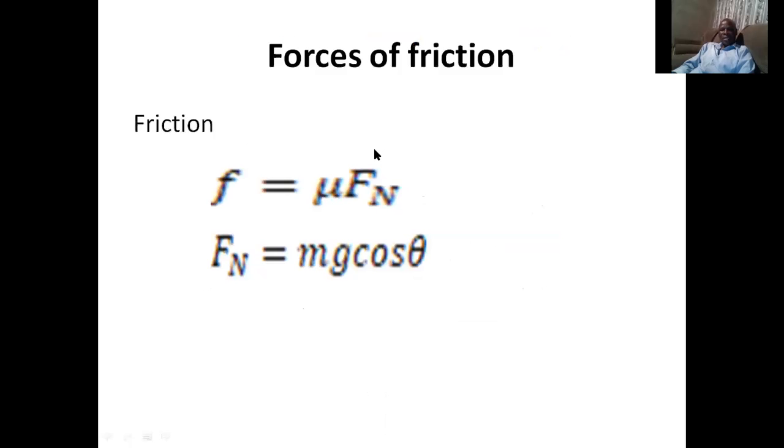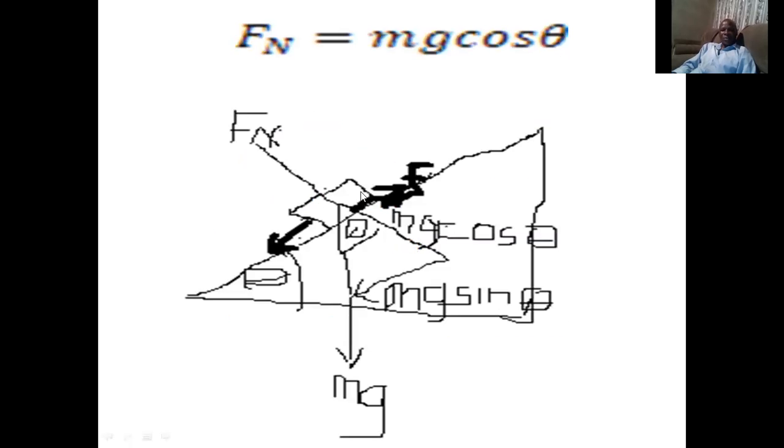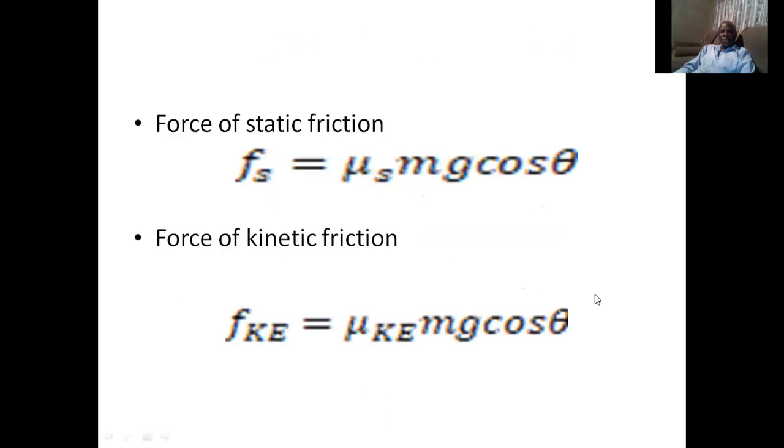We said the friction is directly proportional to the normal force. And therefore, the force of static friction, for an object that is not moving at all, would be the coefficient of static friction multiplied by mg times cos theta.